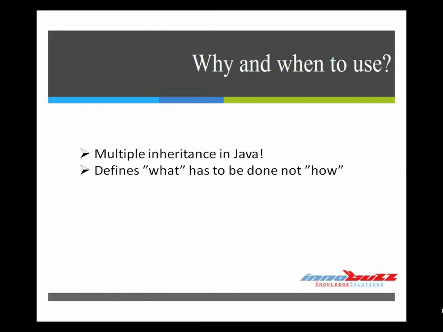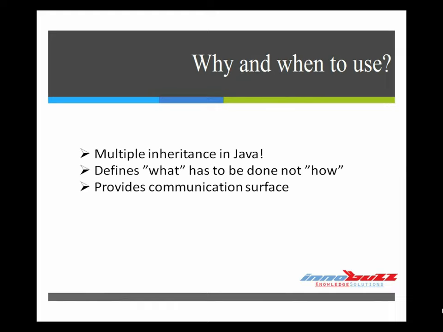They define what to do and what has to be done and not how. So this is like we have the abstract methods, and this way we tell what has to be done. But the implementation, how they implement it in the classes, is up to the programmer who implements it.